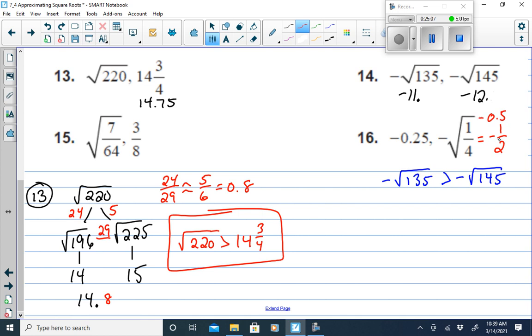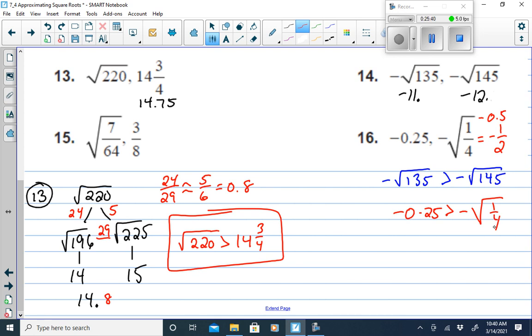And once again, the more negative something is, the smaller it is. Which means that the negative 0.25 is actually going to be greater than the negative square root of 1 over 4.